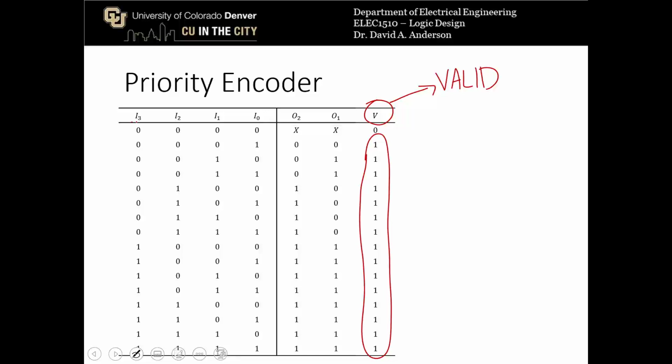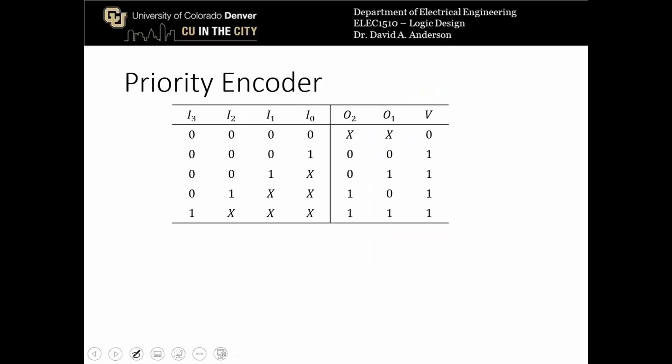So for inputs equal to 0, 0, 0, 0, the outputs don't matter because we're just going to say that if the valid bit is 0, nothing has arrived. This could perhaps simplify the output functions a little bit. We can rewrite this truth table in a more simplified manner, like this, where the input condition of all zeros leads to an output condition of don't care, and valid bit being 0.